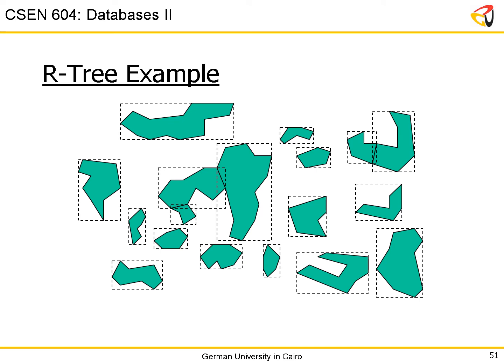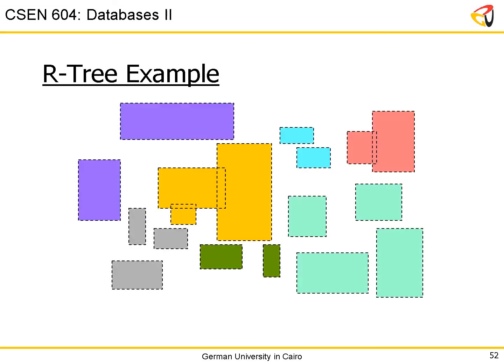Now, what I'm going to do, and this is really building up the R-tree, I am going to group every set of close by polygons into a bigger bounding box, and that will be my choice. So now, from this point onward, I forget about these polygons and I'm thinking of them as bounding boxes, okay?